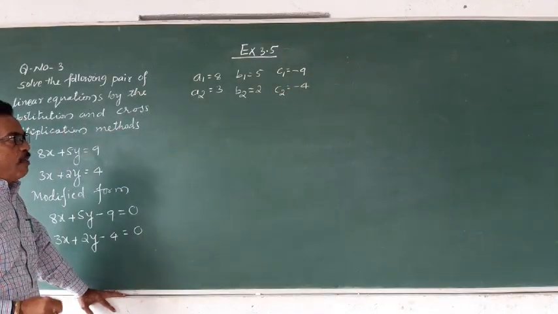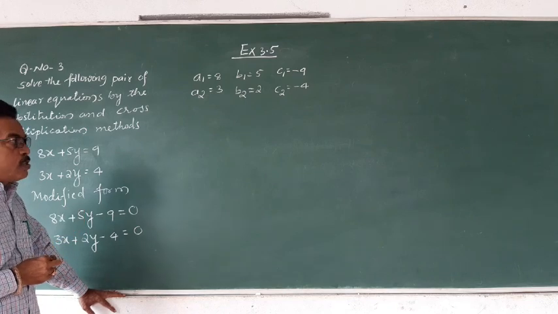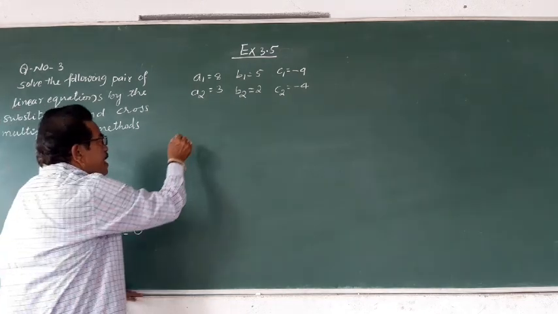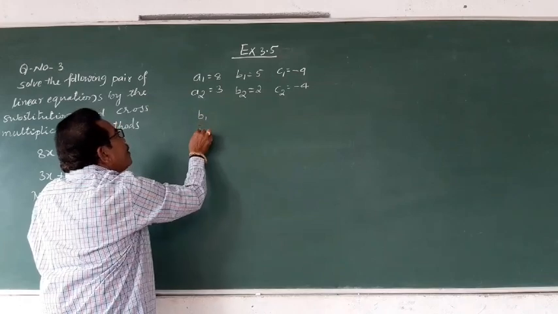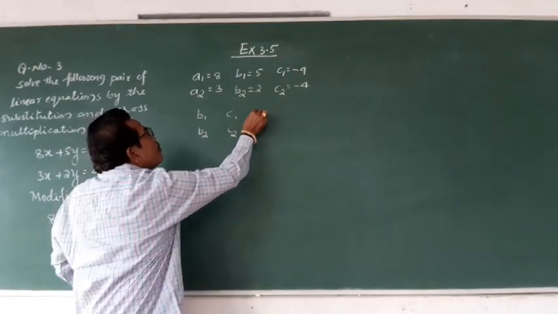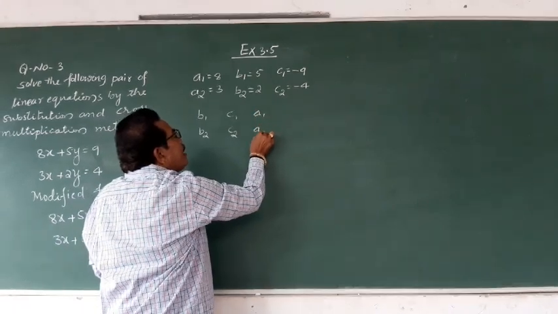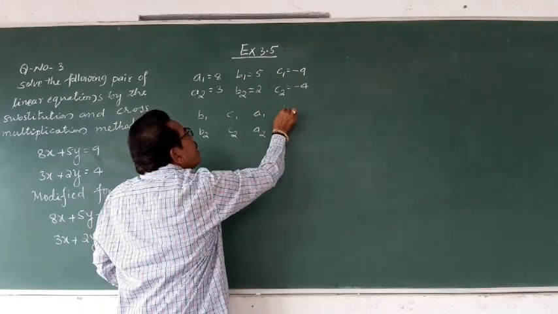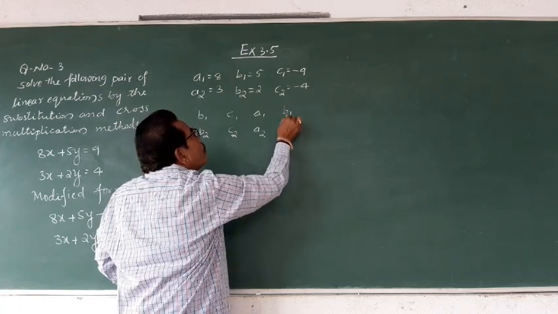Once again I will put the chart of the cross multiplication method. See, b1, b2, c1, c2, a1, a2, then b1, b2.